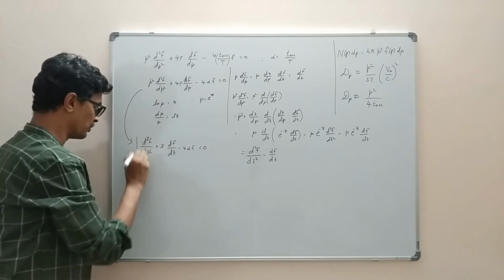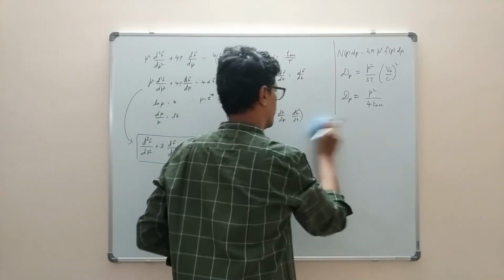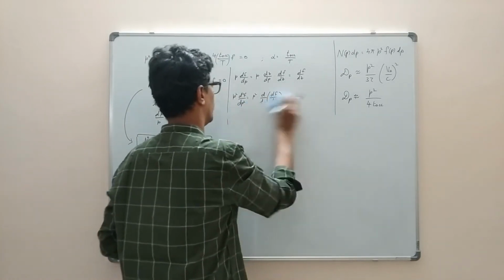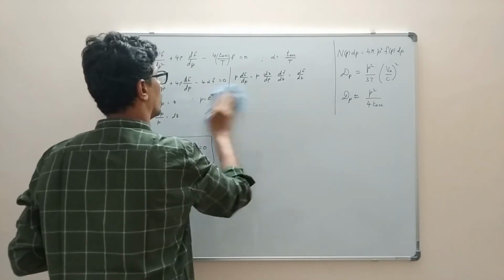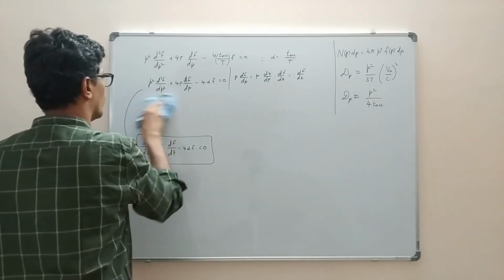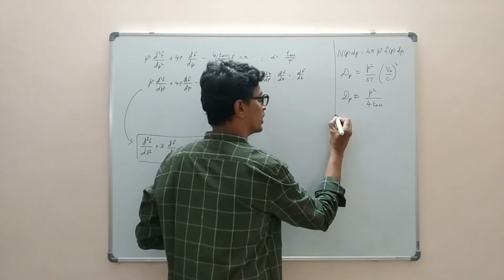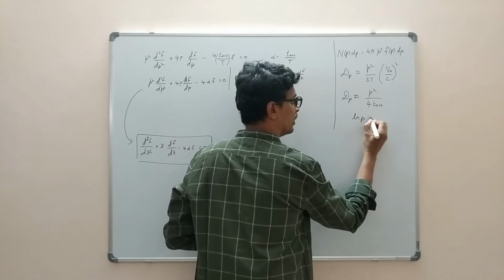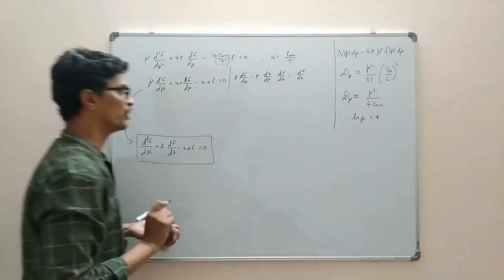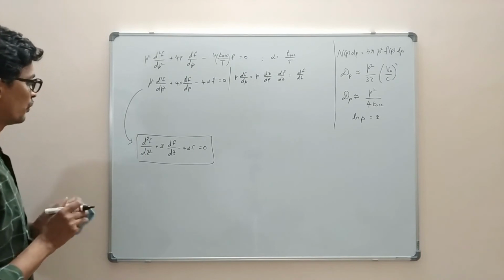And this is the equation we have to try to solve. We will note down the relation between z and p: ln of p equal to z. That's the approximation we are using. Fine. So this is the equation we have to solve.